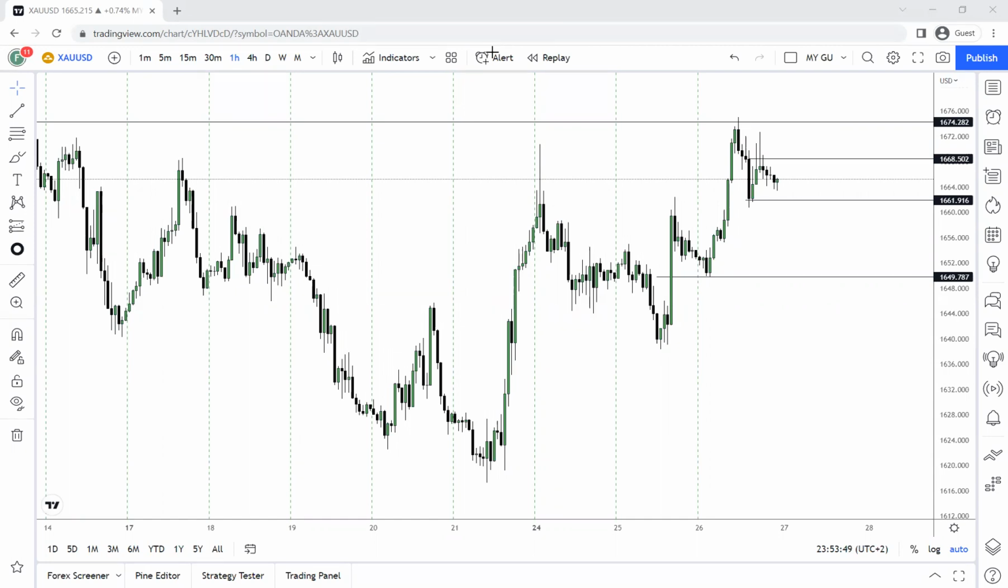Normally the Asian range is more of a setup. It sets the tone for the day, and then London session will give you the fake out or the stop hunt, and then New York session will give you the actual move.